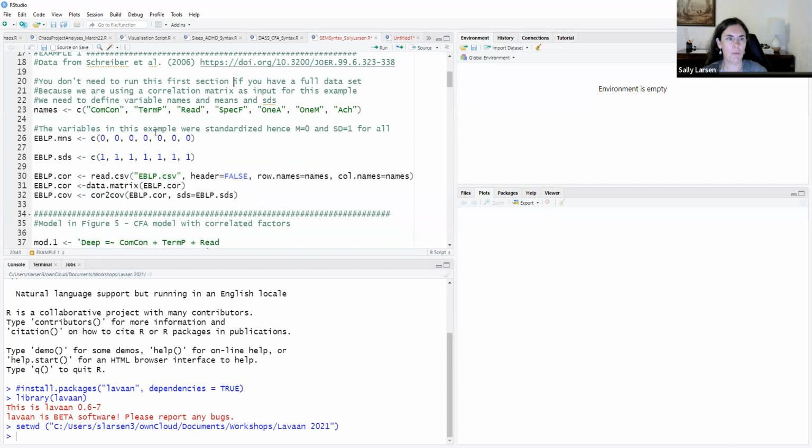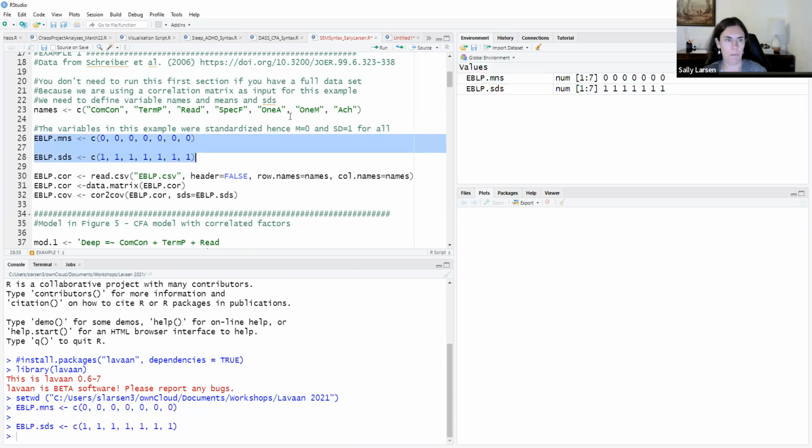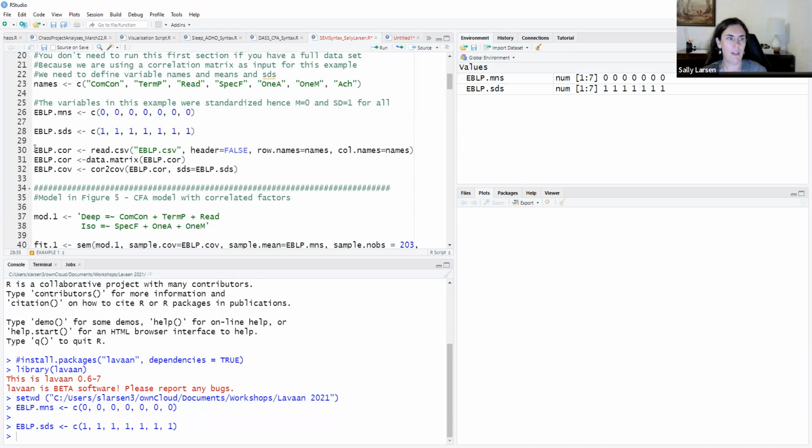So basically what I'm doing here in this example, the variables are standardized. So the means are 0 and standard deviations are 1 for all of them. In other examples, I'll show you what happens if the means and standard deviations are not 0 and 1. And so basically, if I just run these, I'll get some objects and they'll just appear over here. And then I'm telling it to read the data here.